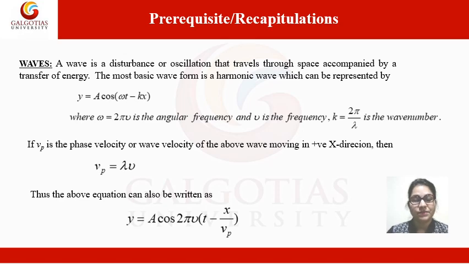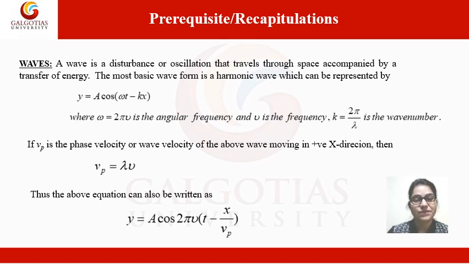Before discussing the wave function, we should know about several things. First we should know about waves and the equation by which waves are represented. A wave is a disturbance or oscillation that travels through space accompanied by a transfer of energy.